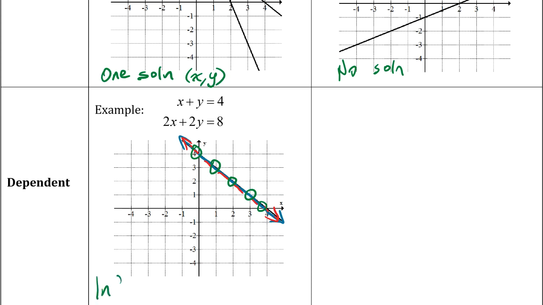So we say it has infinitely many solutions. Right? And we call this one dependent. All right, so that's just the 3 different types. So let's go ahead and get started graphing some of these.